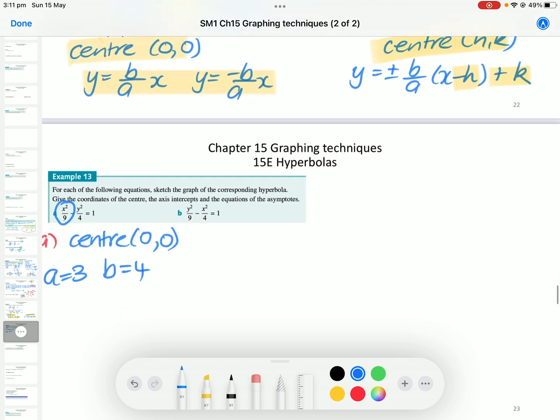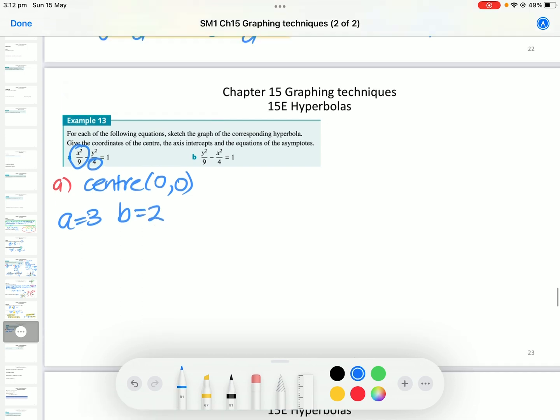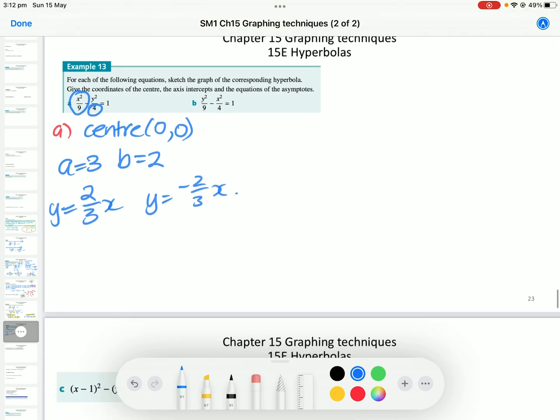So when we do B over A x, sorry, B is not 4, B is 2, of course, because it's the square root of 4. So B over A x, 2 over 3x is the first asymptote, and then minus 2 over 3x is the second asymptote. We can work out our intercept when x is 0, and if x is 0, this disappears, and we've got x squared on 9 equals 1, so x is plus or minus 3.